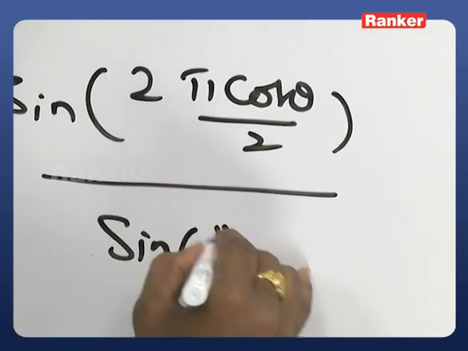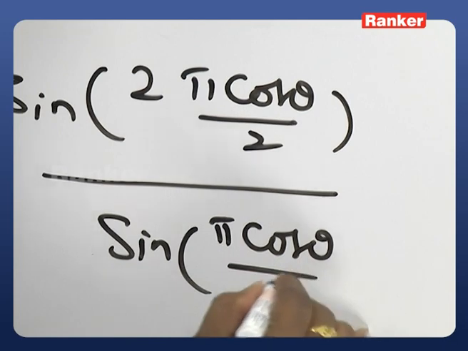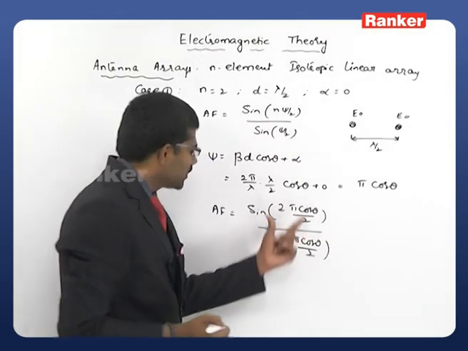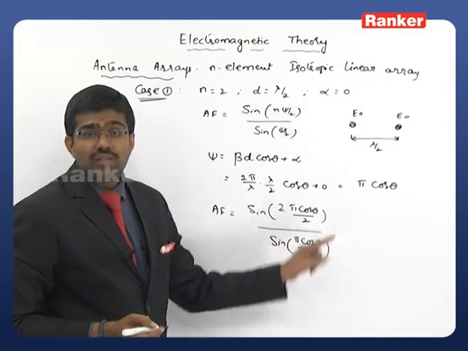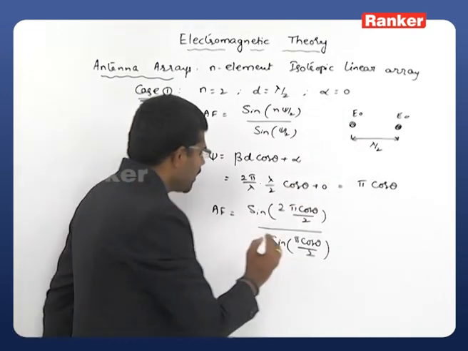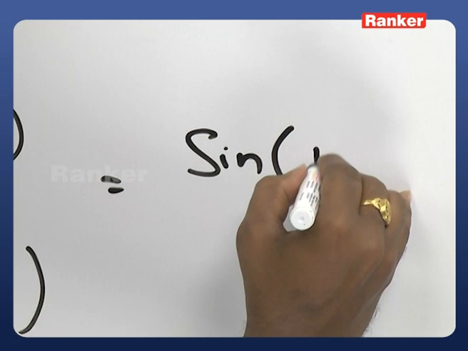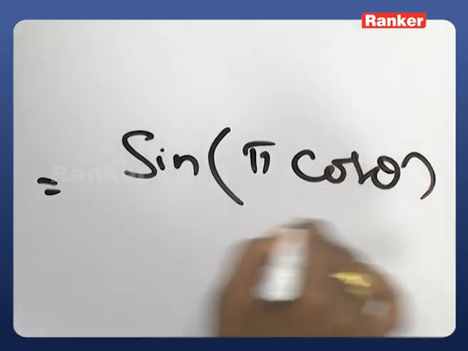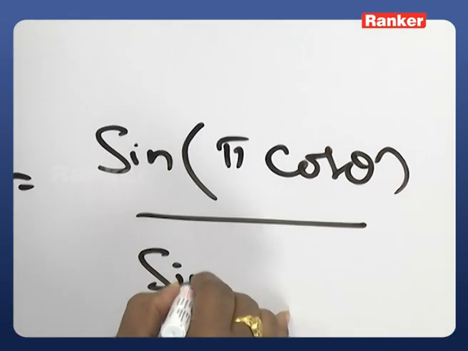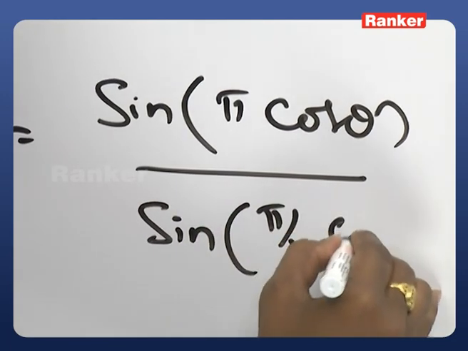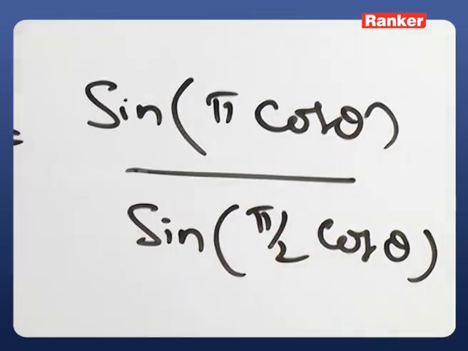So psi by 2 is pi cos theta by 2. This is the equation modified for this specific case. Now the array factor is sin of pi cos theta divided by sin of pi by 2 cos theta.